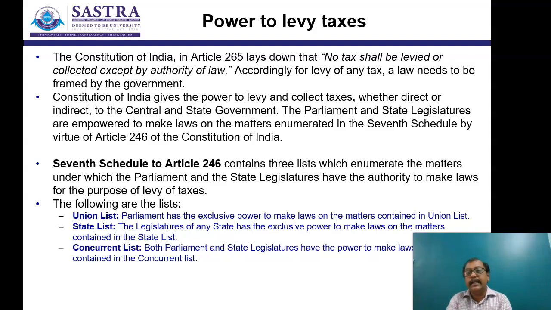So the law is needed, and it needs to be framed by the government. All of the time the government will frame all the rules, regulations, framework, provisions, laws, acts relating to the taxes. So the government authorities will implement it, and the government will levy the taxes.